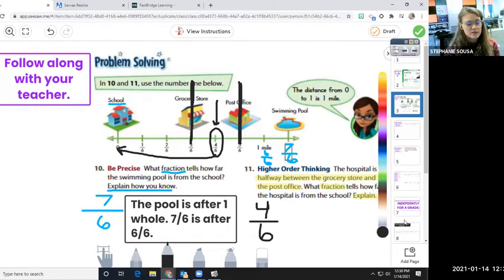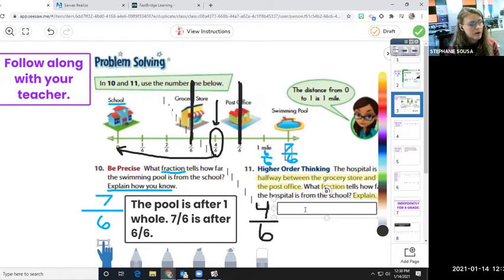We're also asked to explain, so we have to explain how we figured that out. I'm going to add a text box because again, it's a lot of writing, so I find it easier to type than to write with my finger or my mouse.